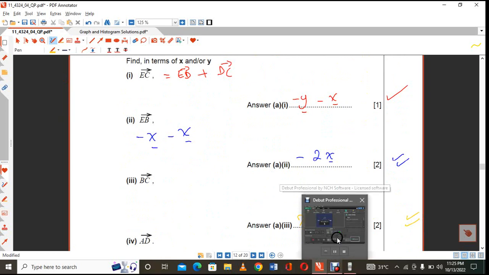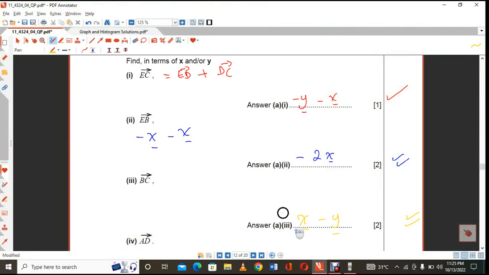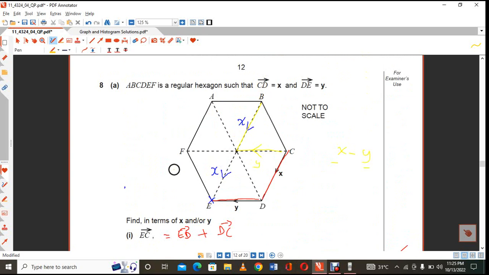The next one is AD. Let's look at our AD, from A all the way up to D. We know what BC is. BC is what we just calculated.